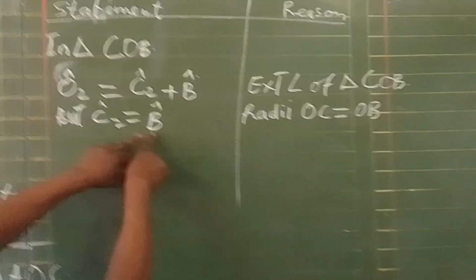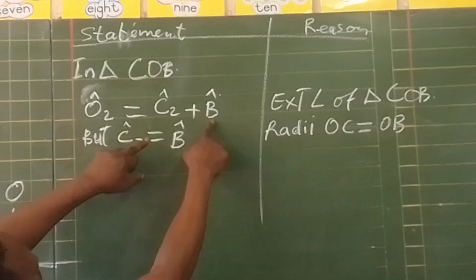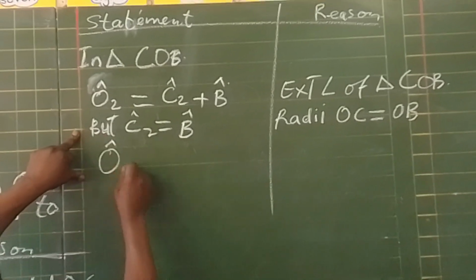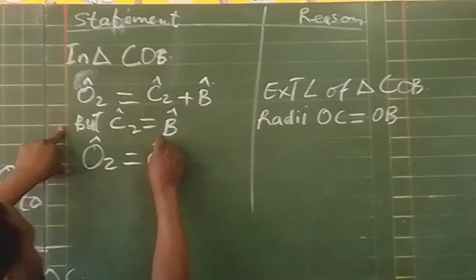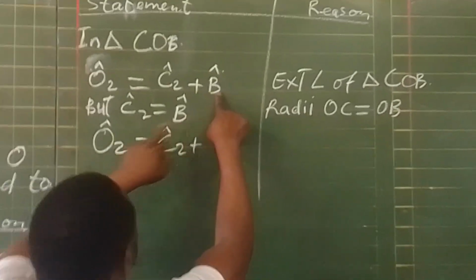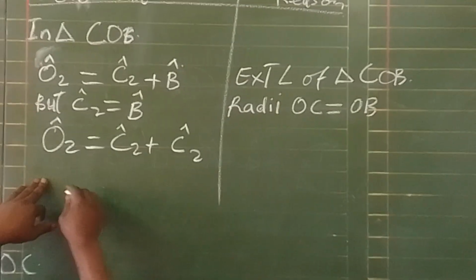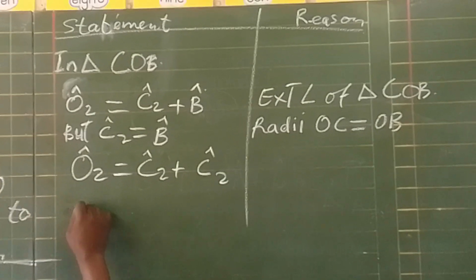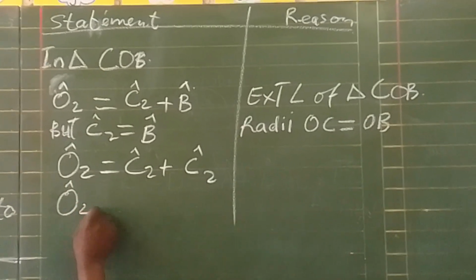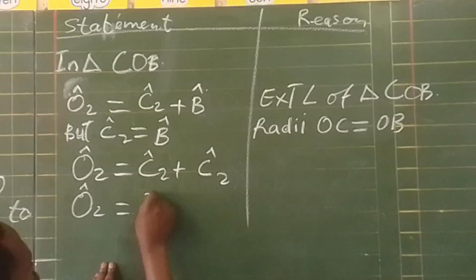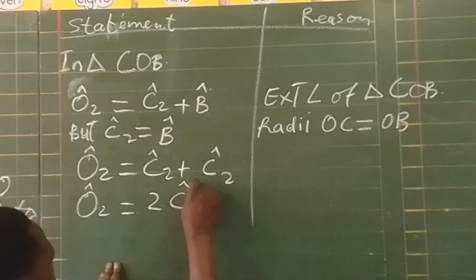Then instead of B, we put C2 here. Then we say O2 is equal to C2 plus B, and B is equal to C2. Then you say O2 is equal to 2C2.